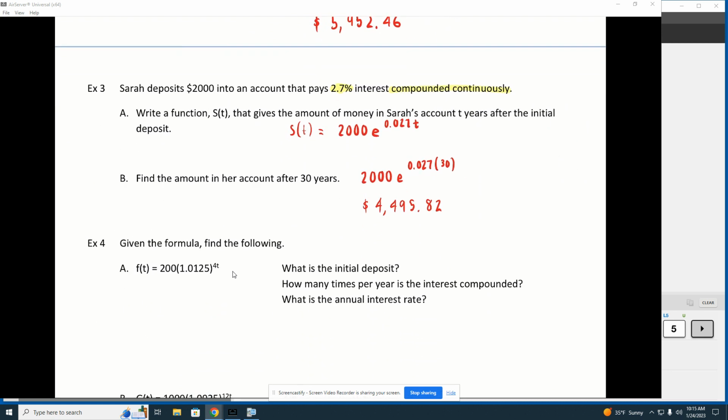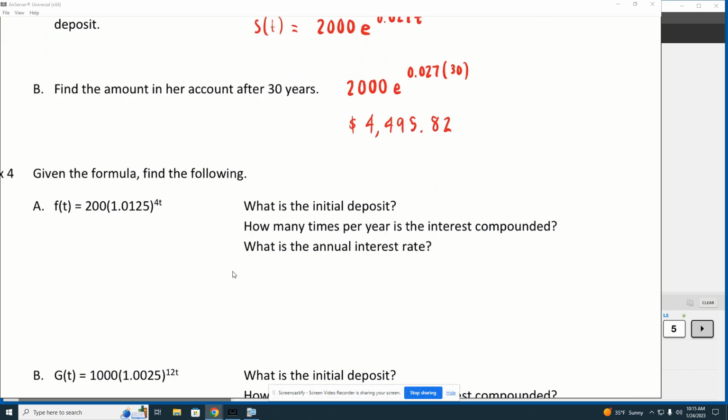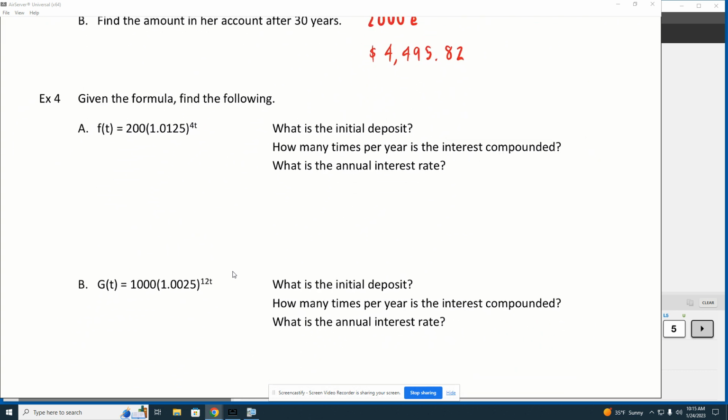Now, there's one more type of question, and 2 of the 3 are very simple. Let me explain. The initial deposit. Guys, where do I find the initial deposit when it's compound interest? Right up front.